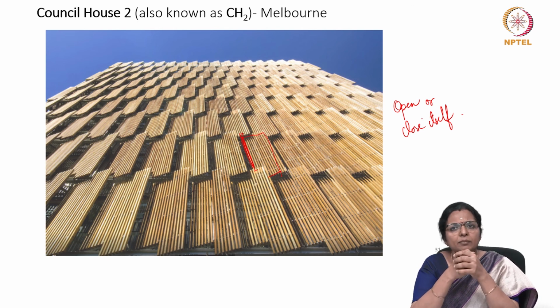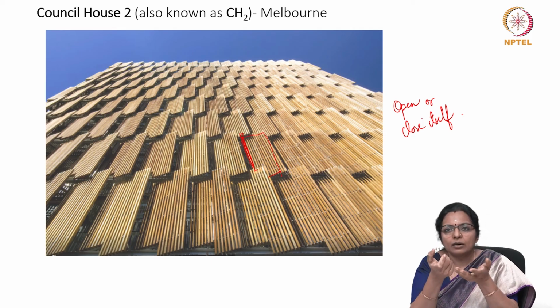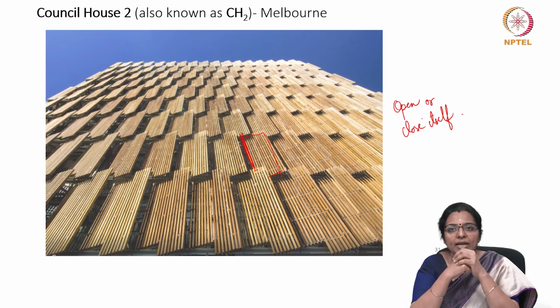Besides, it creates smart building envelopes. For example, one can integrate these elements on the facade with solar PV or some other mechanism which can even tap the solar energy.